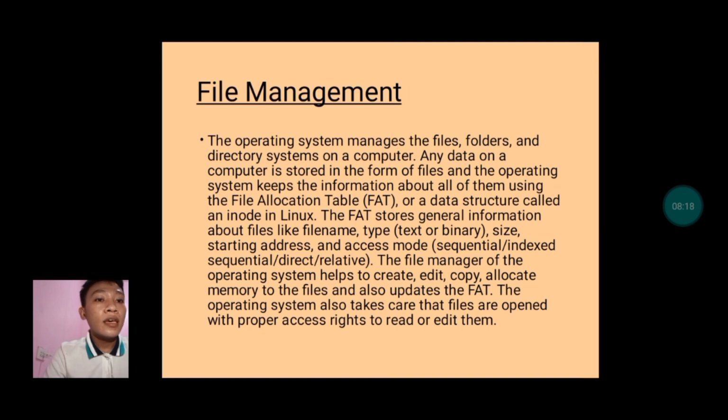The FAT stores general information about files like file name, type, text or binary, size, starting address, and access mode: sequential, direct, or indexed.